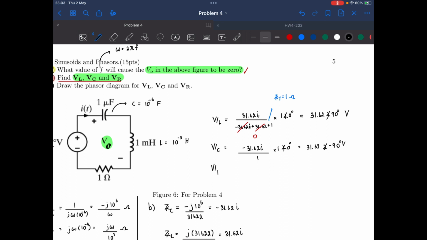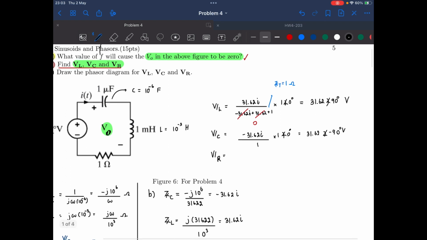And then the voltage for the R, which is 1 here.